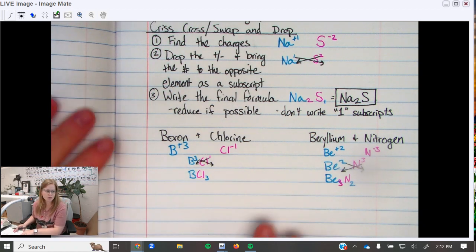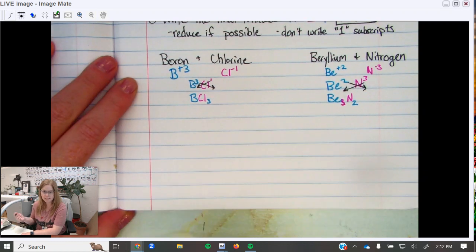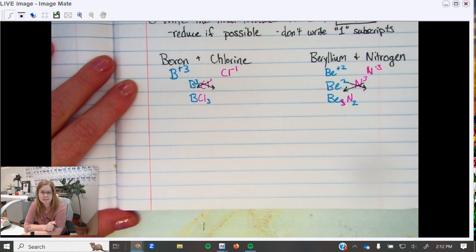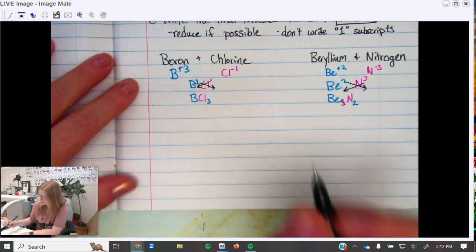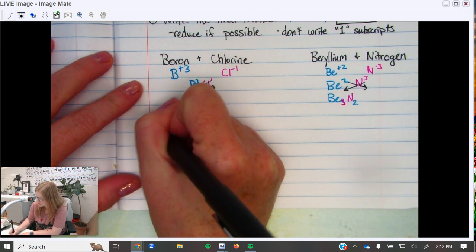Okay, so our next thing is that we are going to predict products when you're only given the reactants.